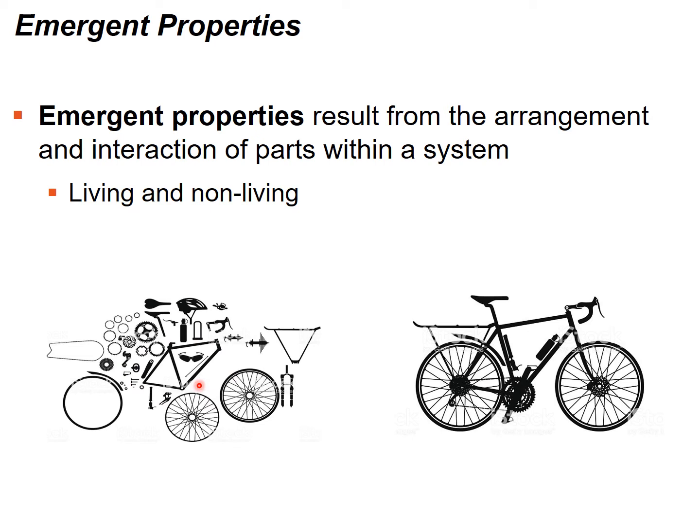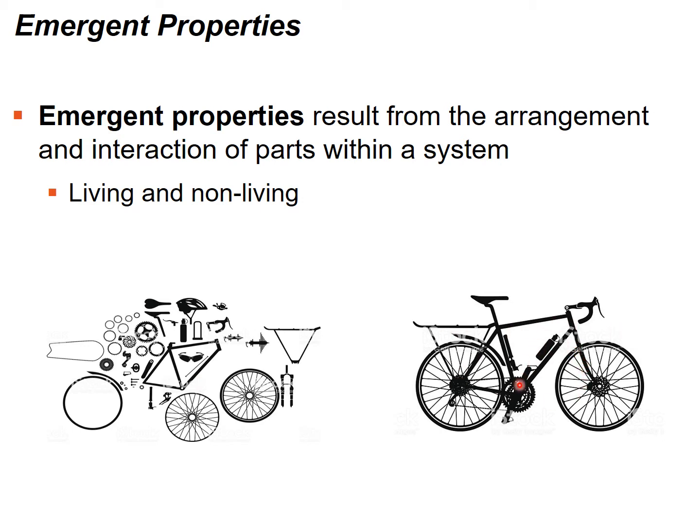However, them alone, or just collectively put wherever, randomly placed in a position, do not provide emergent properties. They need to be put together in the correct orientation and the correct location for them to produce a functional product, in this case, the bicycle.